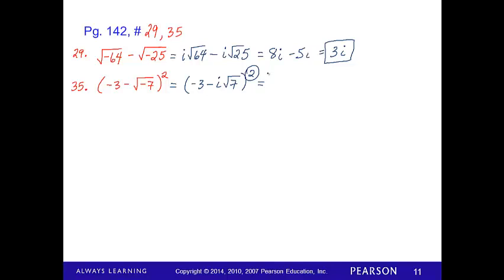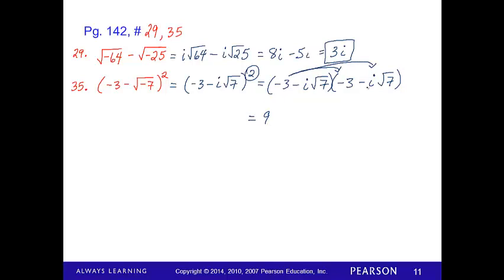Well, the square tells us to multiply this thing by itself again. So we have negative 3 minus i square root of 7 times negative 3 minus i square root of 7. And we multiply it out. So again, use FOIL. Negative 3 times negative 3 is 9.